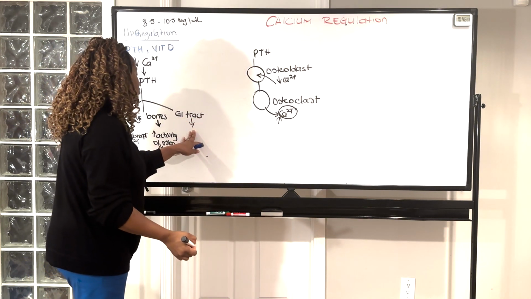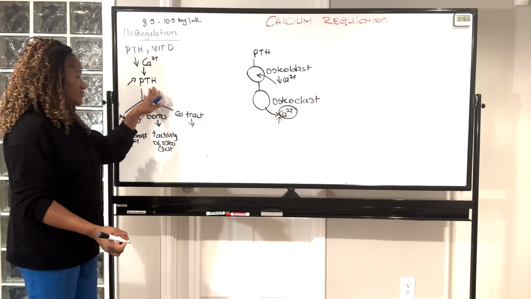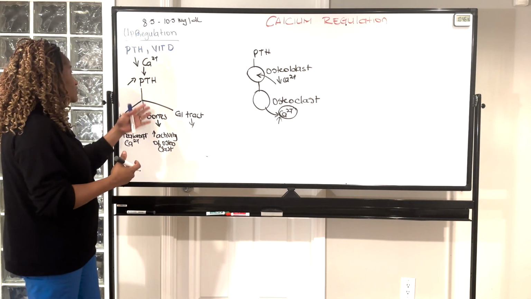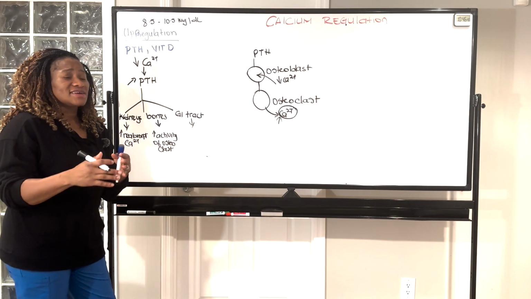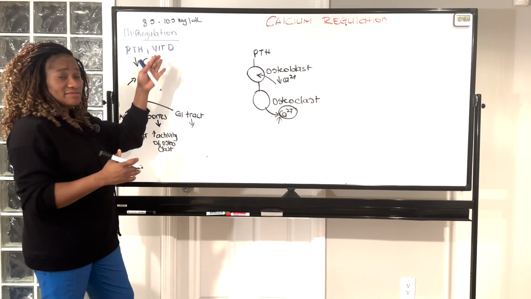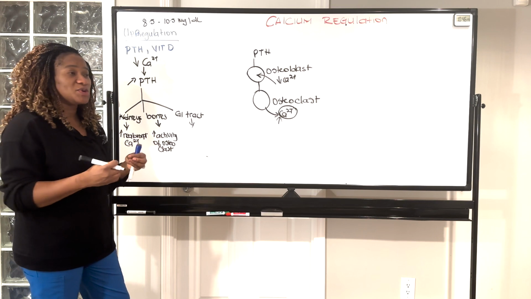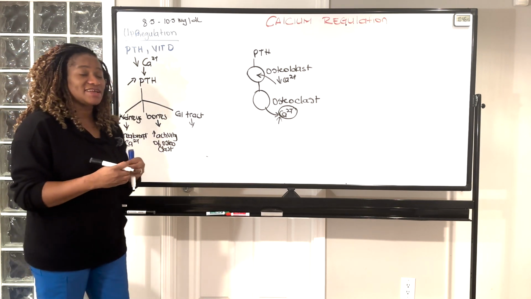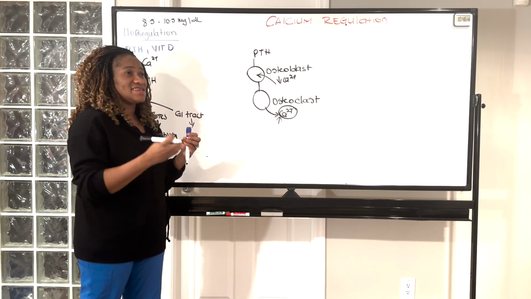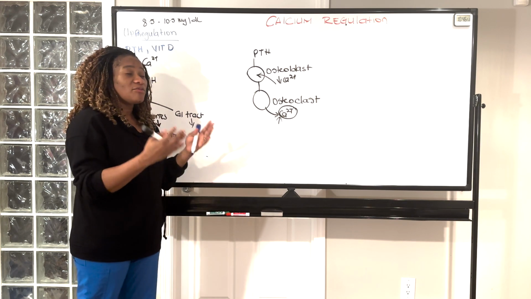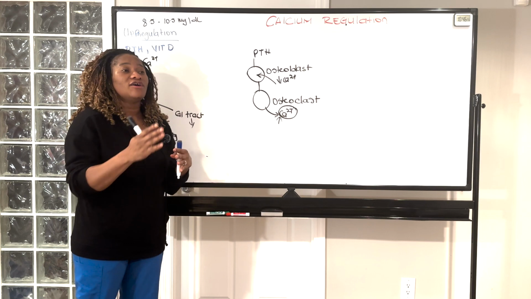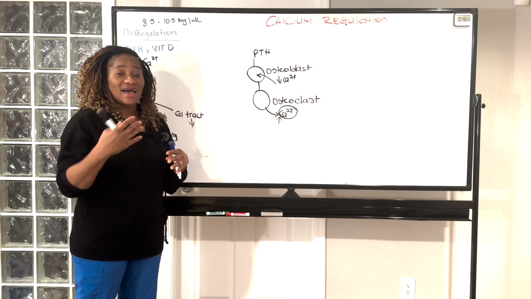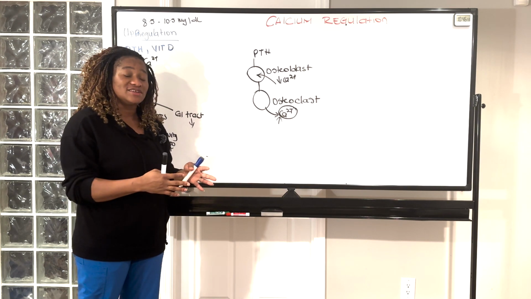Now, let's go over the GI tract. In the GI tract, the parathormone is also going to act indirectly with the vitamin D. When we have ingestion of vitamin D, it comes in an inactive form. There are a couple of enzymes involved in the transformation of vitamin D to the active form that is actually working in our body.